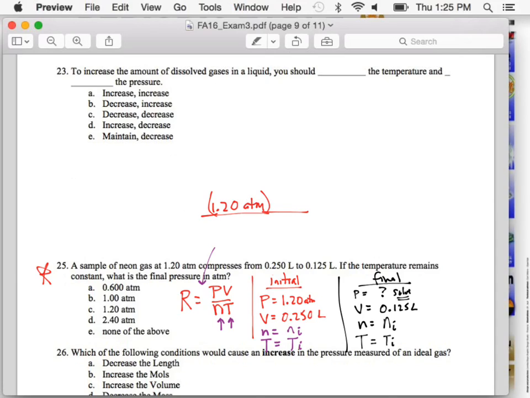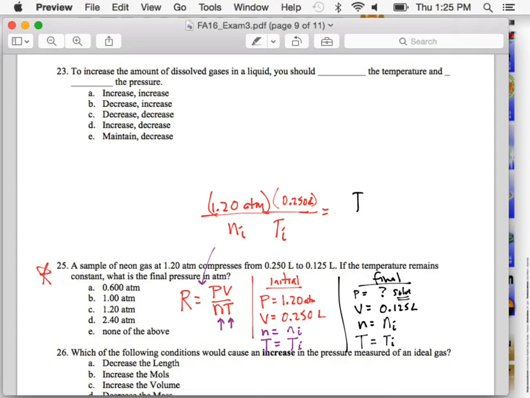What was my volume initially? 0.250 liters. Okay. What were my moles? N sub I. Okay. What was my temperature? T sub I. I know this equals then my final conditions.